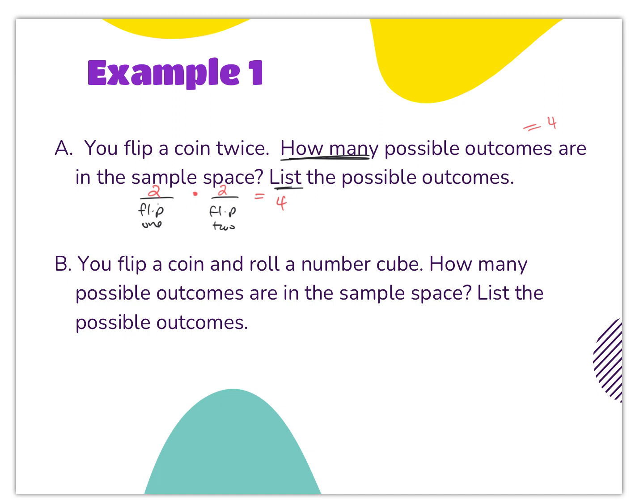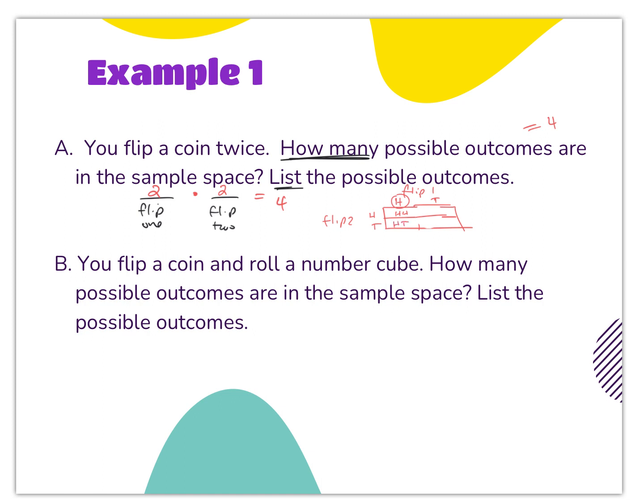Listing them is a little different. The main way we list when there are 2 events is we try to do a little table. Let's say flip 1 here and flip 2 here. We can get a heads or a tails on flip 1, or we can get a heads or a tails in flip 2. And then we can just put those combinations. Heads, heads.